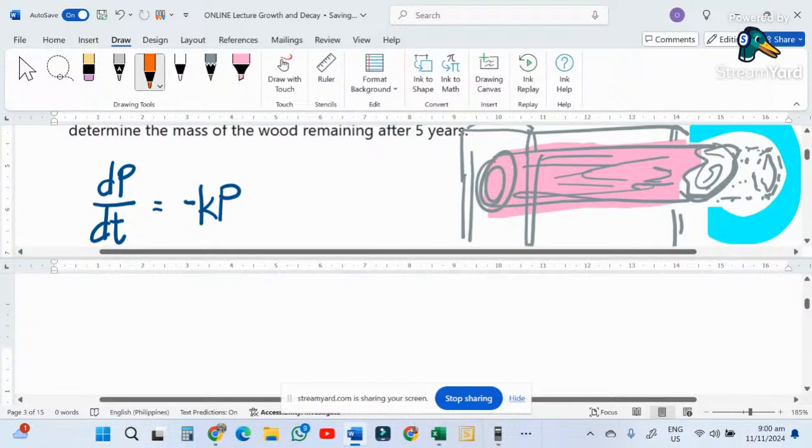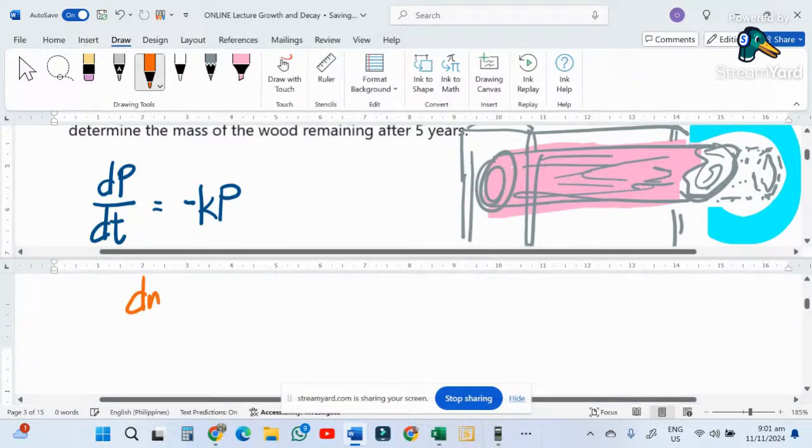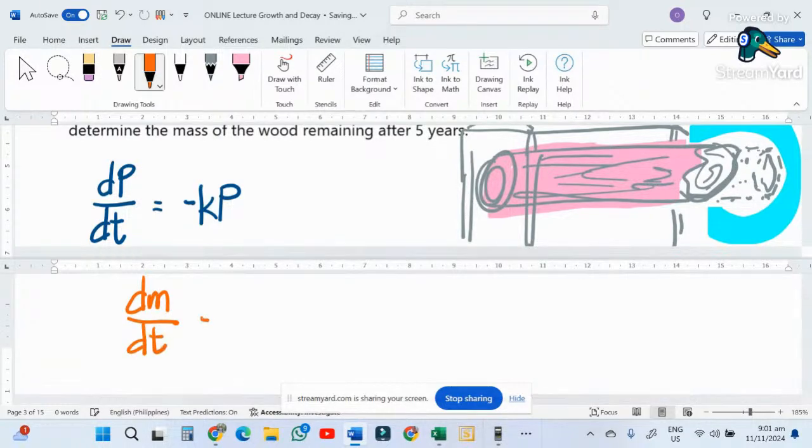So we'll not be using dP, but we'll be using the difference in mass over time t is equal to negative km. All right. Put all m's together, so you'll have dm over m is equal to negative k dt, like what we did earlier on.